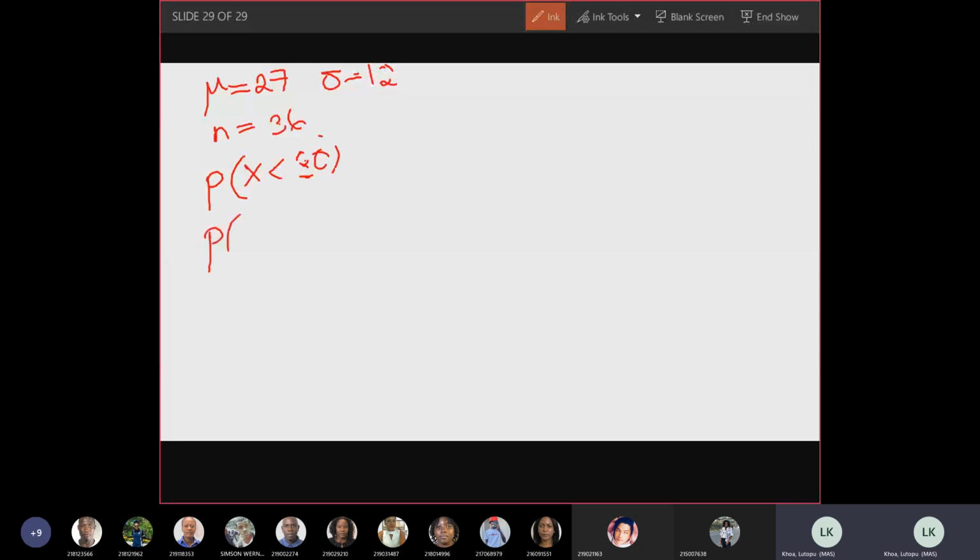This is the probability that Z is less than (x bar minus mu) divided by sigma over the square root of n, so 30 minus 27 divided by 12 over the square root of 36. So this is 1.5.